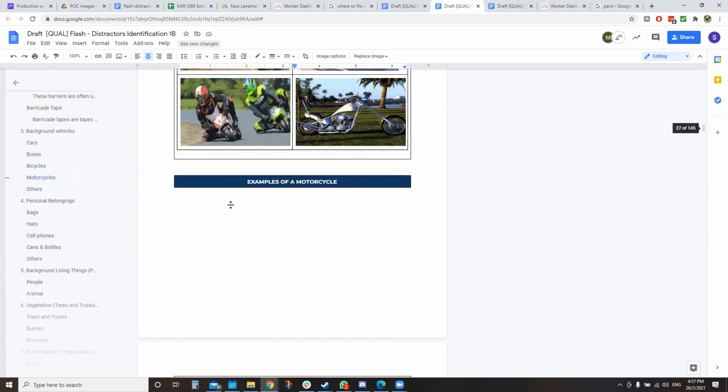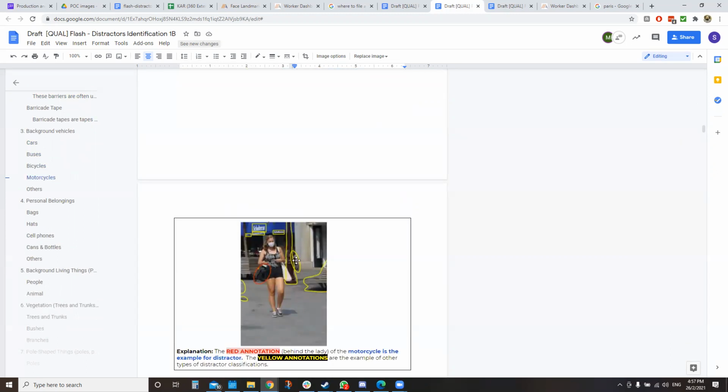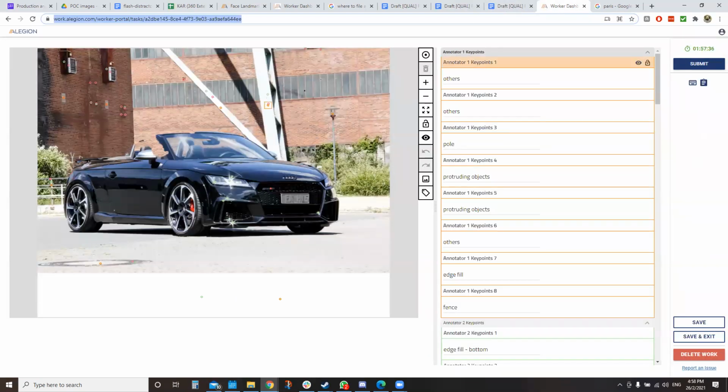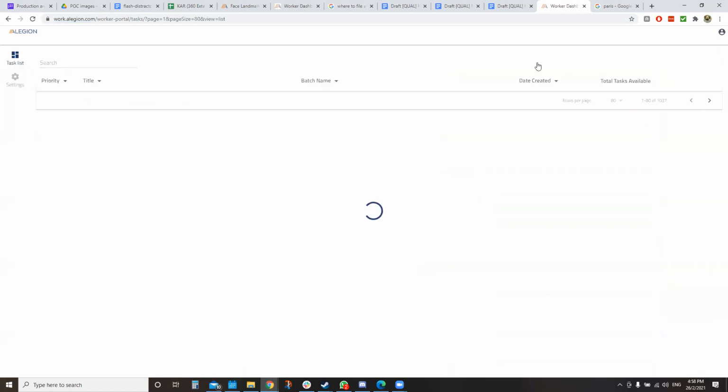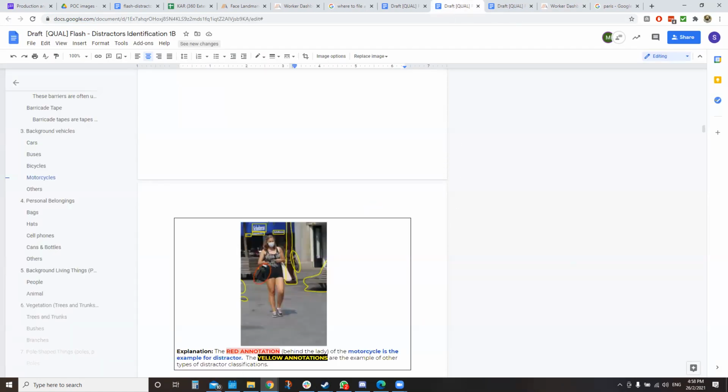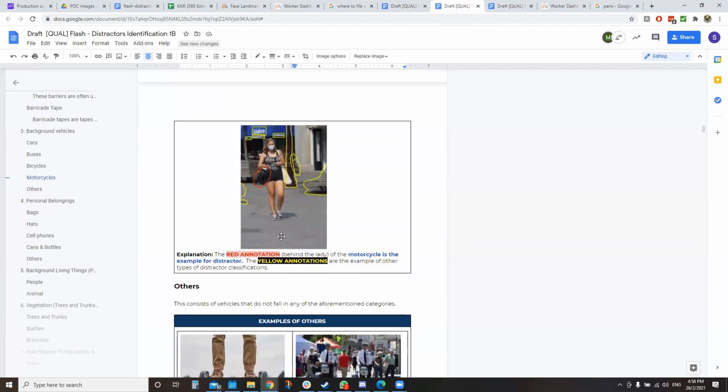So when you are annotating, you will also need to tell what it is, the classification. But that is for production. For qual 2, you just pick A, B, C, D, E, F. But it's useful for you to know.